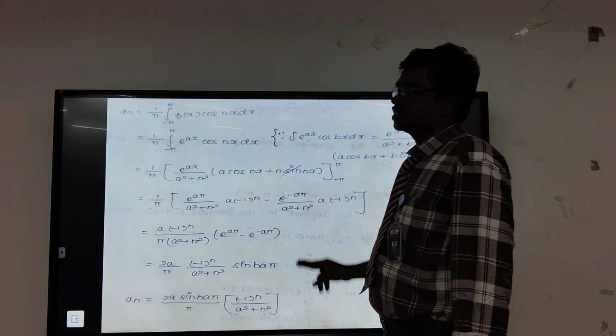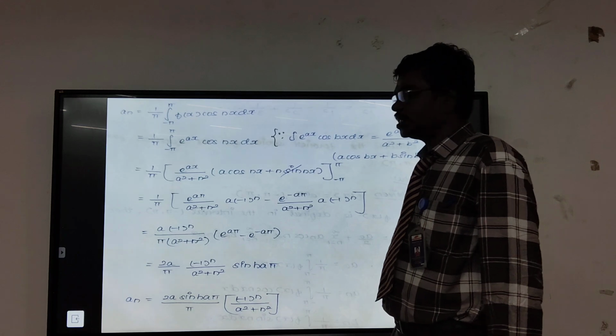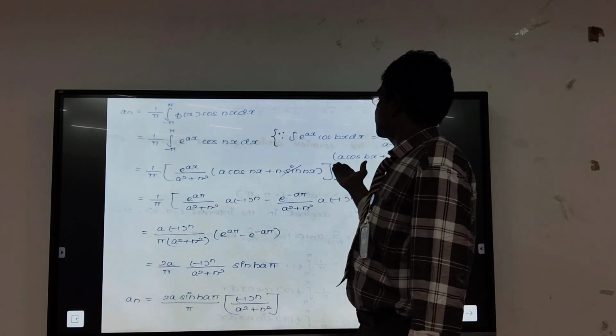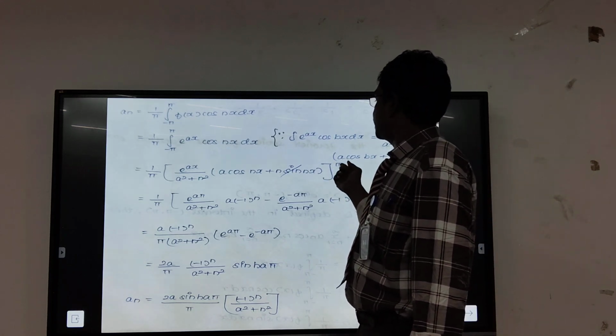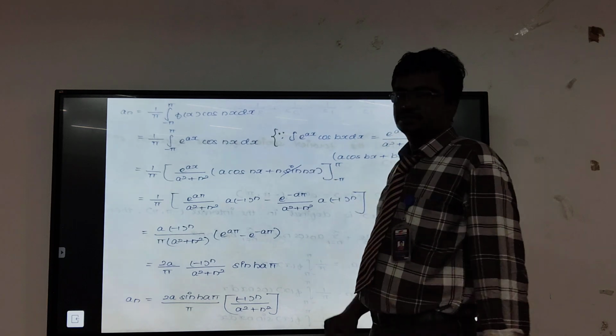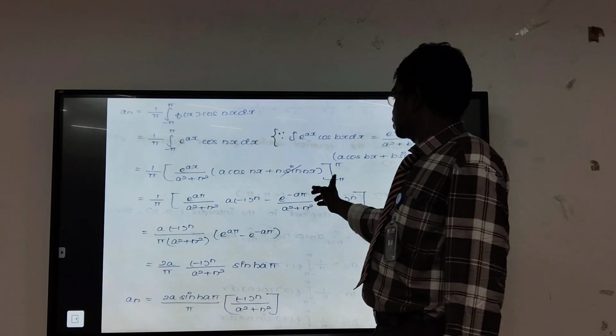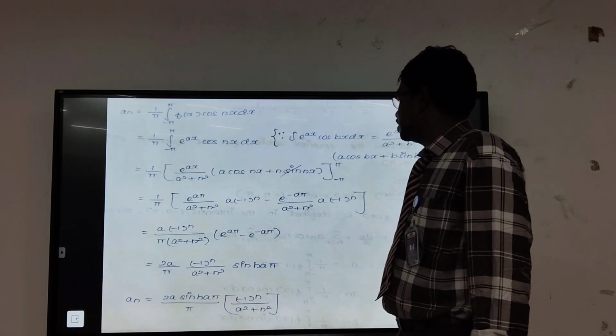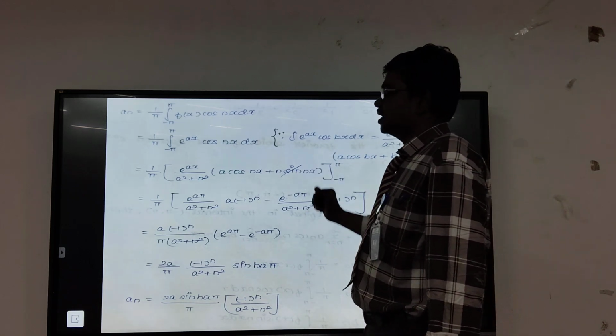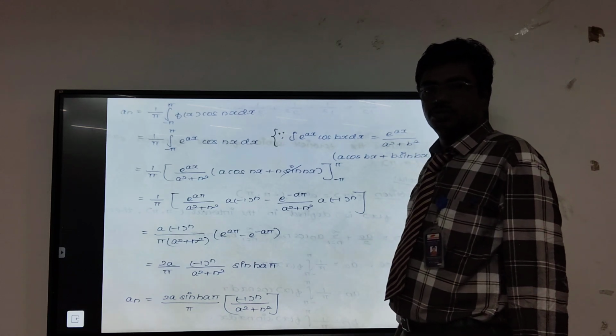The interval is minus pi comma pi. In the same manner we substitute the upper value: sin n pi is 0, a basic fact. For the lower limit, minus pi, sin of minus n pi is also 0.